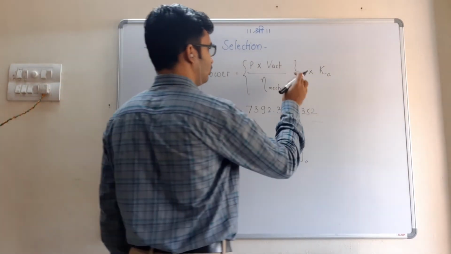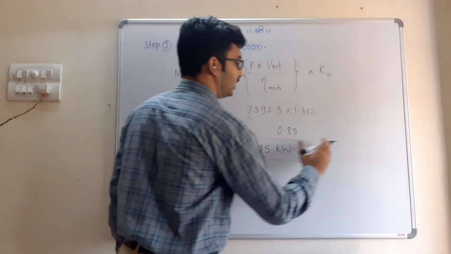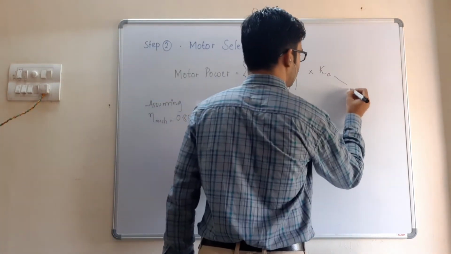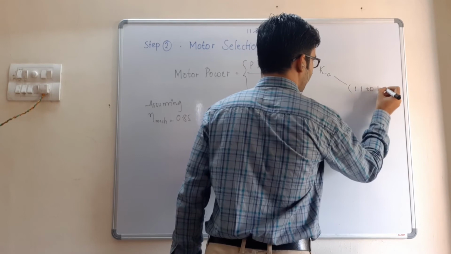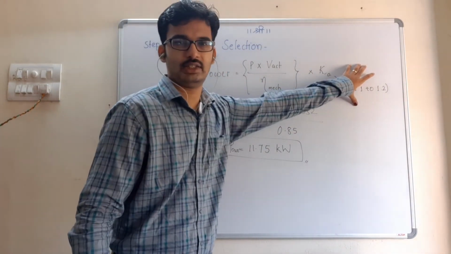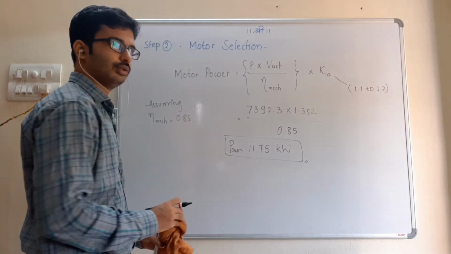So whatever total power you have derived, just multiply it by the adhesion factor, which is to be considered in the range 1.1 to 1.2. You can consider this adhesion factor, or you can neglect it also. There is no issue.